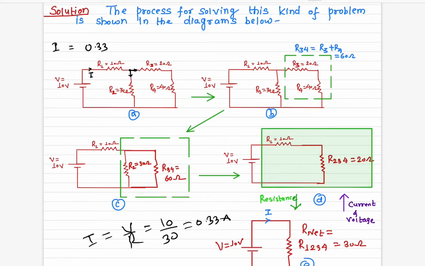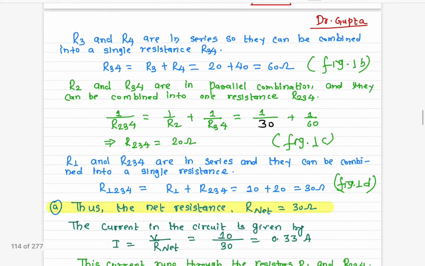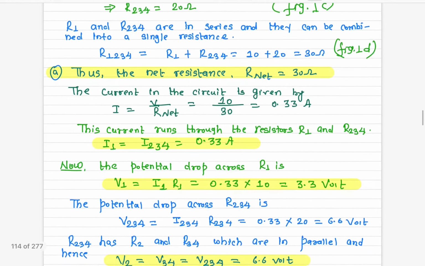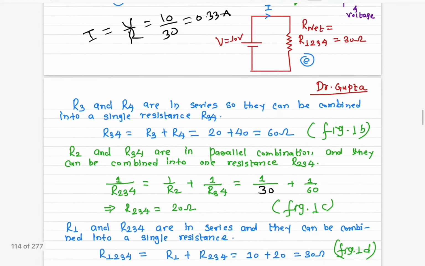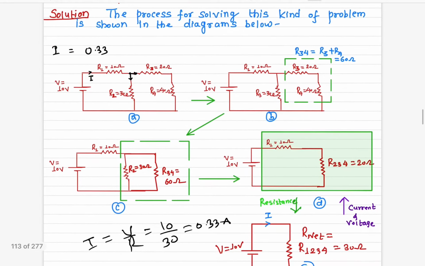So we know the potential drop across this one. How do we find out the potential across this one? The potential across this one would be the current times the resistance. So let's do it step by step.